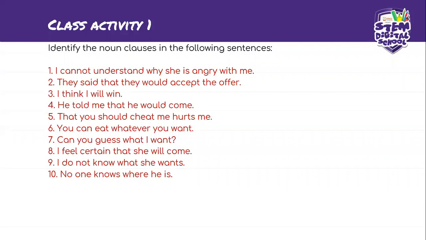Which one is our noun clause in the first question? Remember, this is a class activity, so we are all doing it.